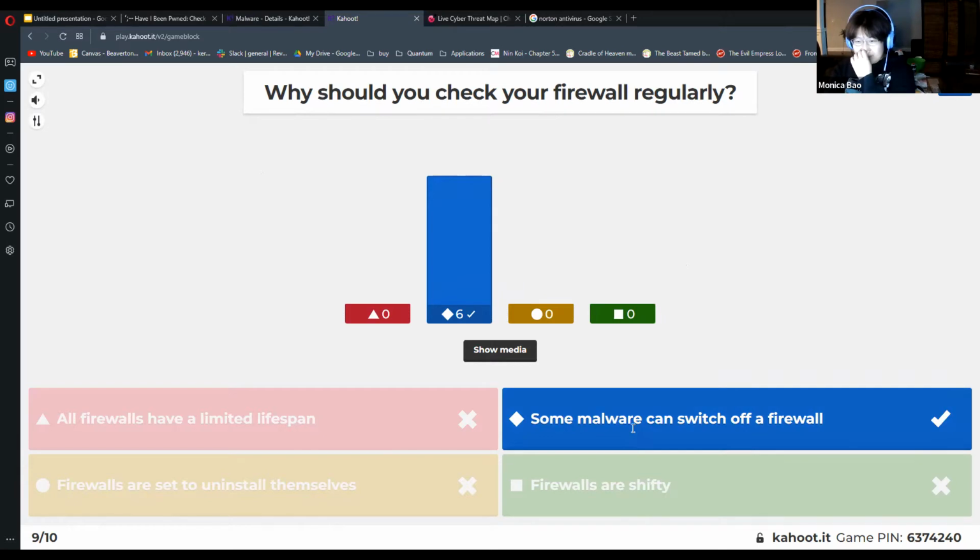So yeah, some malware can switch off a firewall. Like as you can see, even my antivirus switches my firewall off and does its own thing, right? So I'm thinking of uninstalling this antivirus, honestly. But yeah, if this antivirus can do it, definitely other malware can.